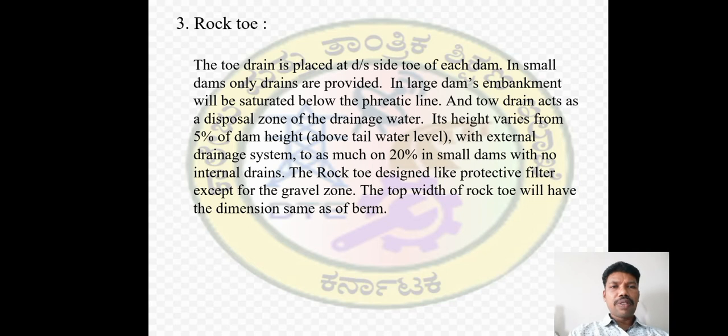In case there is no internal drainage system, then in small dams we can go up to 20%. The height of the rock toe can be taken as 20 percent. Like that we can decide the height of the rock toe also.